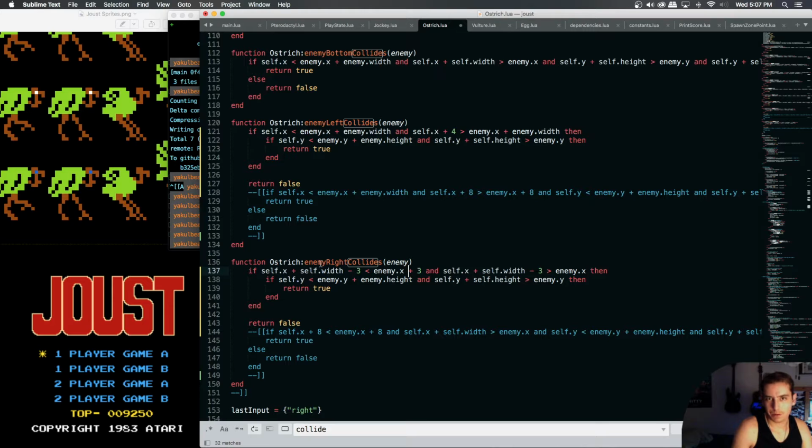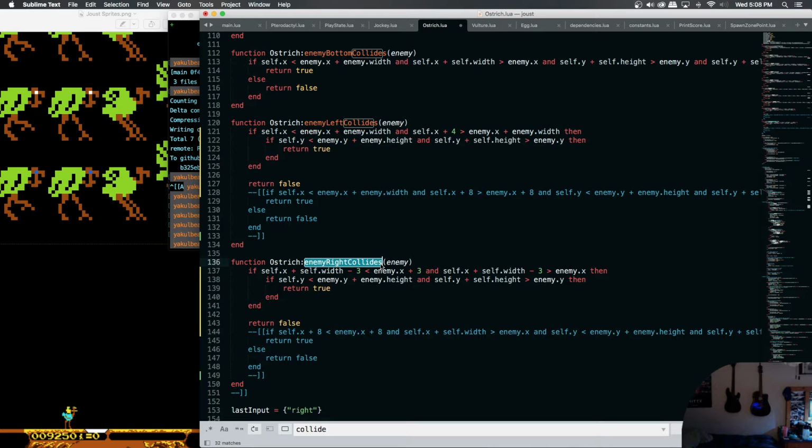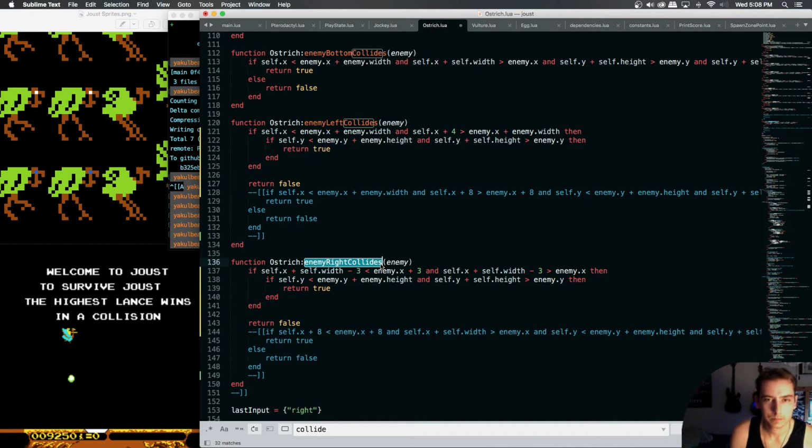So if an enemy right collides is to be true, then our leftmost side would have to be smaller than the rightmost side. Doesn't make any sense to me.